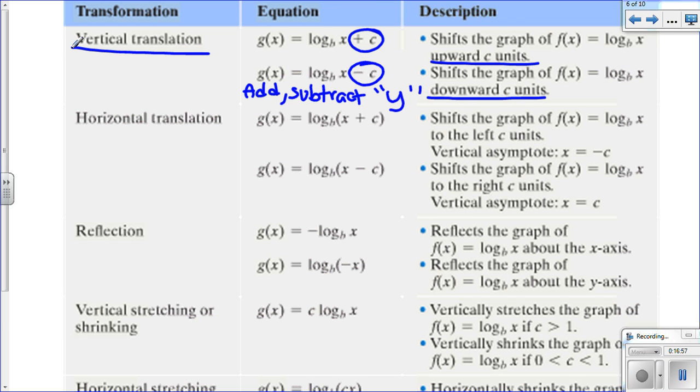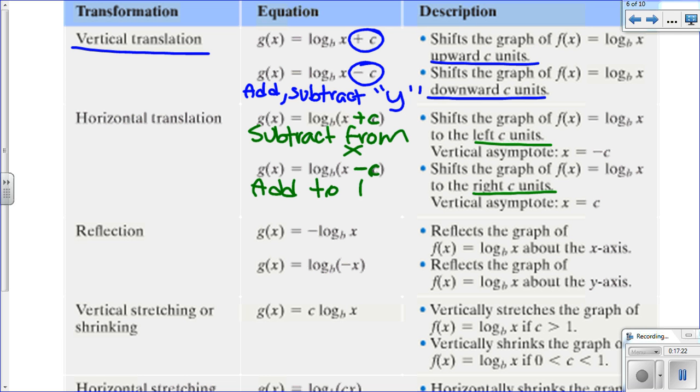The next one, horizontal translation, that constant will be inside the parentheses. And it is counterintuitive, so if we're adding a constant, it will move to the left. That means you subtract from x. And if you're subtracting a constant, it's actually going to move to the right. And in that case, you will add to the x value.